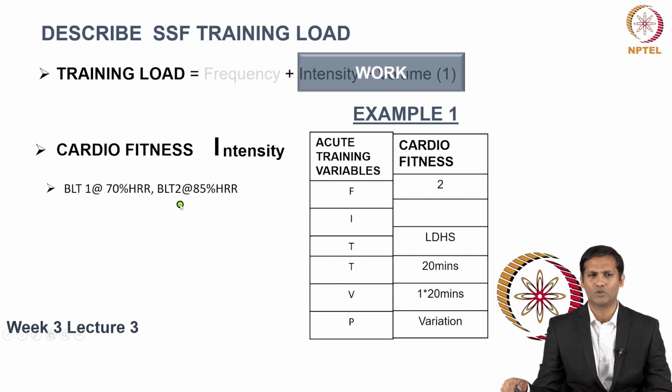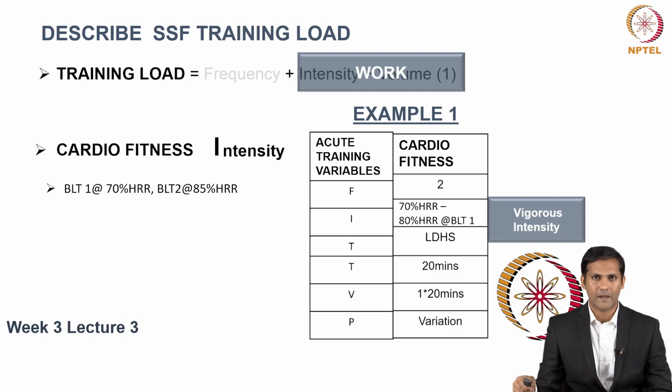This is the baseline. So you want to improve this baseline, and you prescribe an intensity to train at blood lactate threshold by writing 70% of HRR to 80% of HRR. Now this comes to be around vigorous intensity.